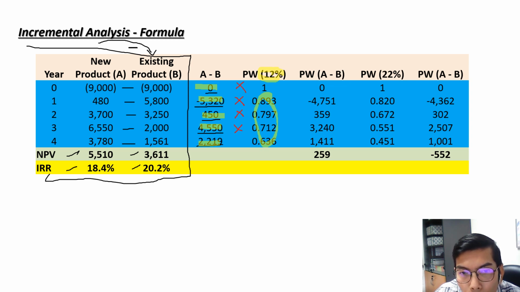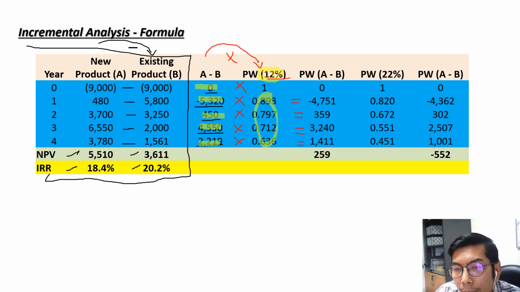So again, we want to convert future value to present value, nilai pada masa hadapan, berapa nilainya pada hari ini. Convertkan. Okay, you akan dapat di sini. Alright, itu present worth factor at 12%.